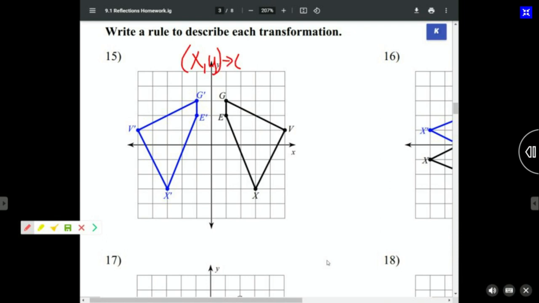Yes, you have to write the coordinate. Yes, you have to write the arrow. Who stayed the same? What did we do to x? So you're done.